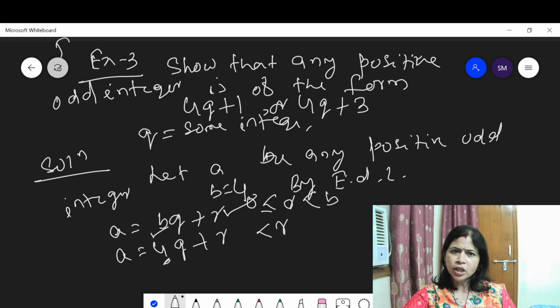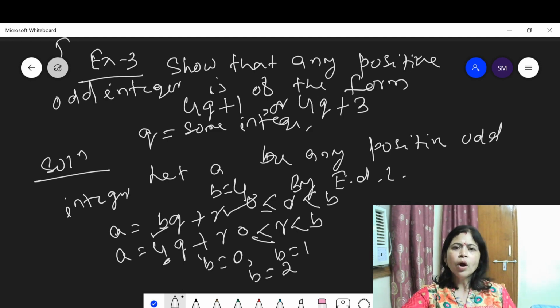Here b is equal to 4, so r is greater than or equal to 0 and less than 4. Then there are the conditions: either r is equal to 0 or 1 or 2 or 3.